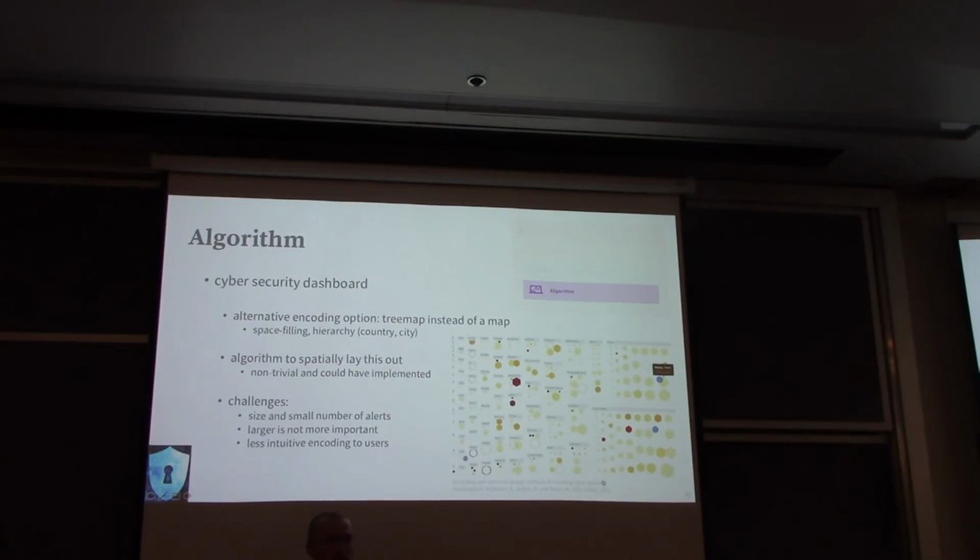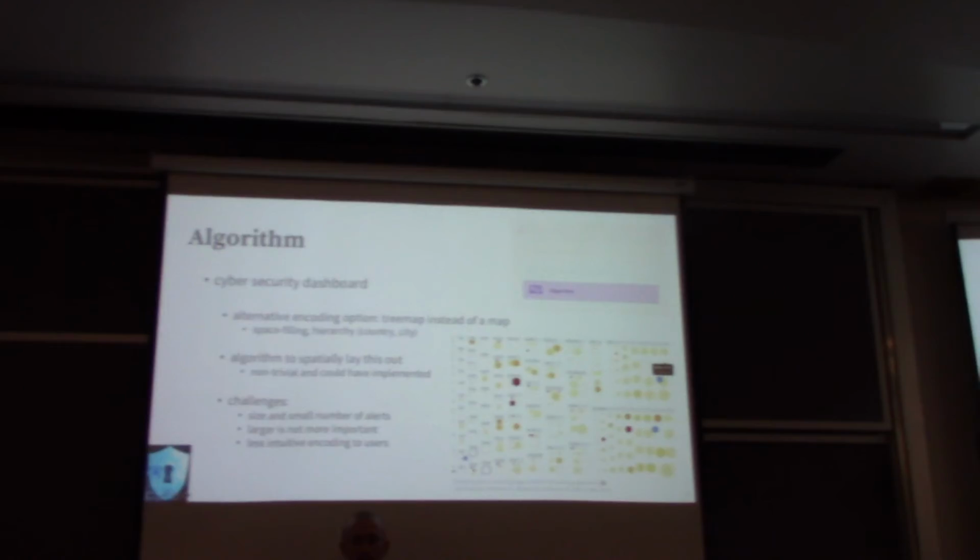The other factor was that larger wasn't necessarily more important, and because of the space filling approach, larger just made it seem more important than with the map-based view. Also, when we showed this to users informally, we found it was a little less intuitive for people to understand what was going on with the tree map. They didn't understand these were countries or cities until we explained it. Versus when we gave them a map, they knew off the bat what we were showing them, more or less.